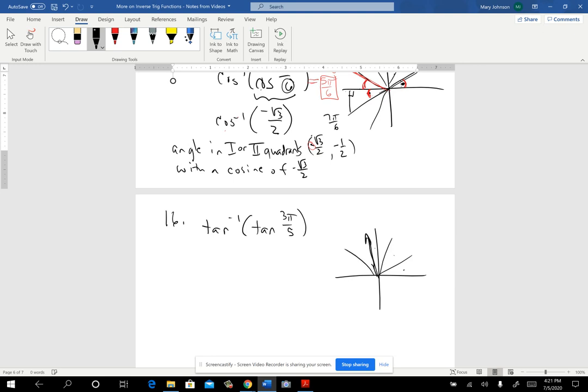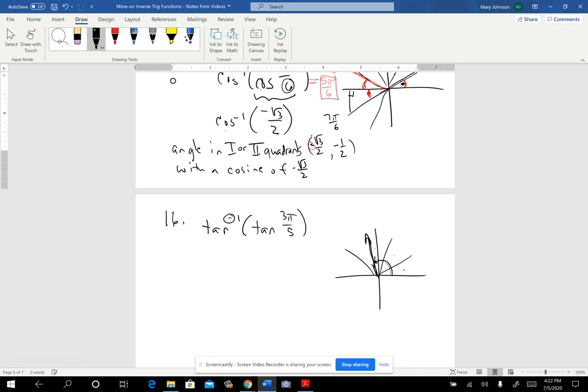And when I do the tangent of that, I don't have a unit circle that I can use. I don't want to just use a calculator. So let's think about this. The tangent of that, it's in the second quadrant, right? It's something I could try to figure out.